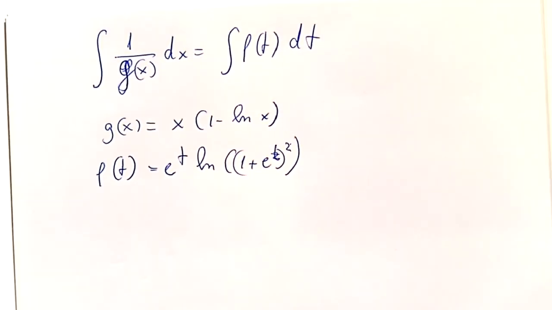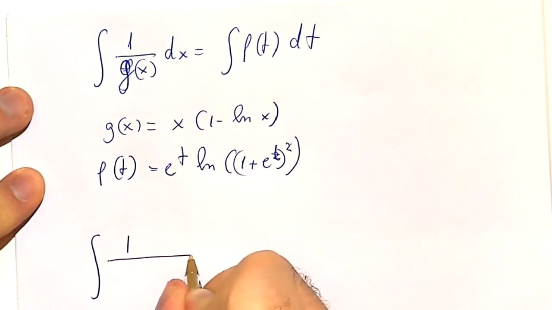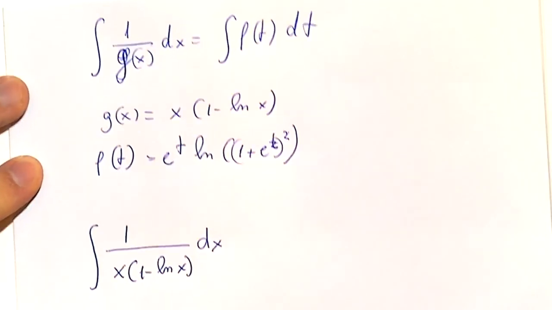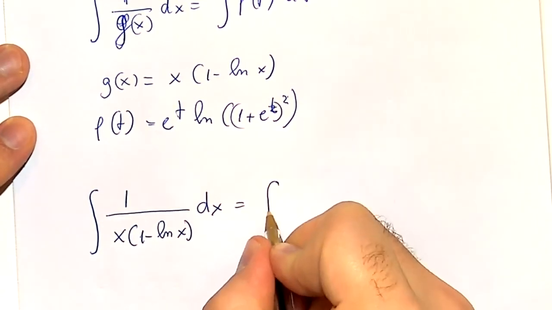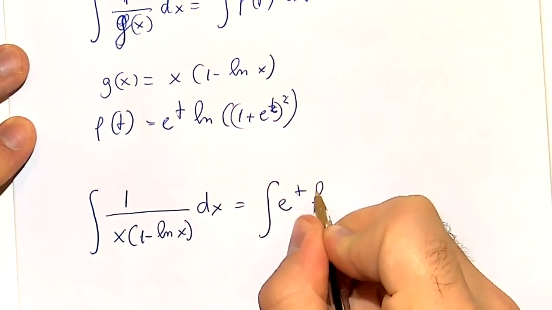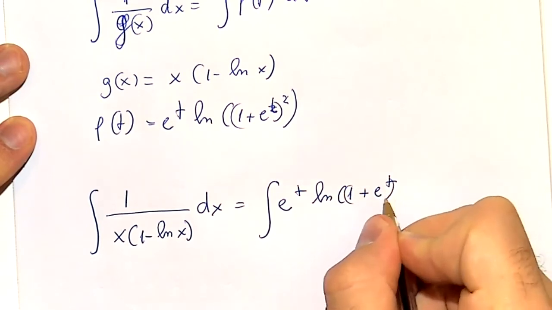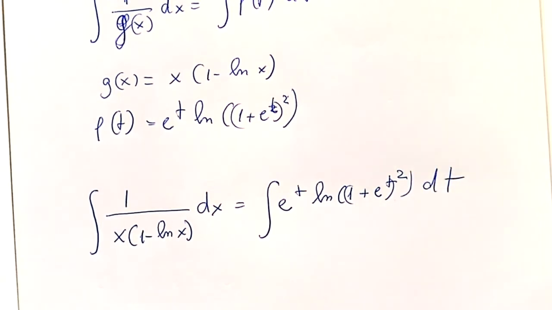Okay, cool. Now what do we do? We just replace: integral of 1 over x(1 minus log of x) dx is equal to integral e^t log of (1 plus e^t) squared dt. Okay, cool.